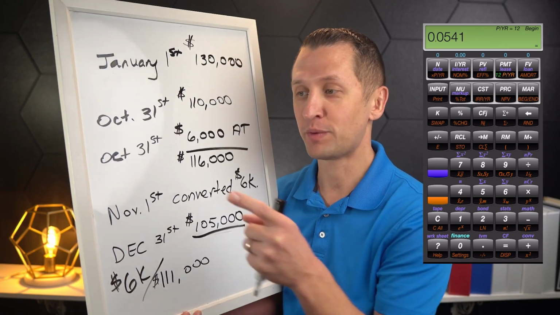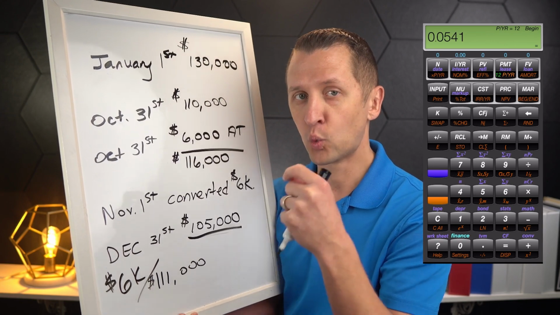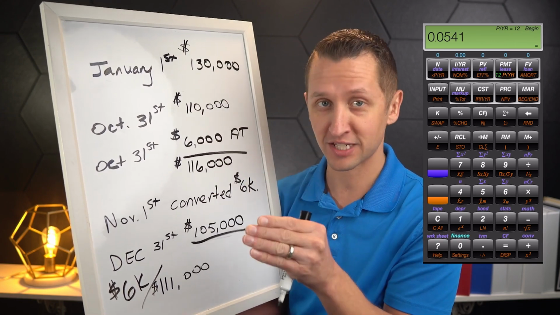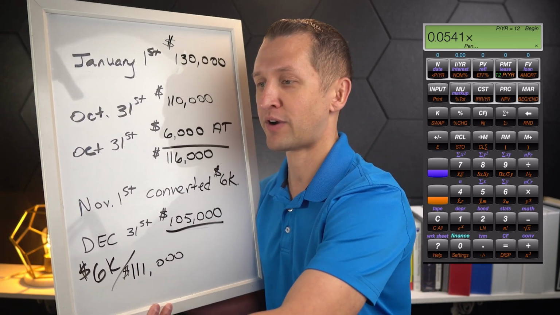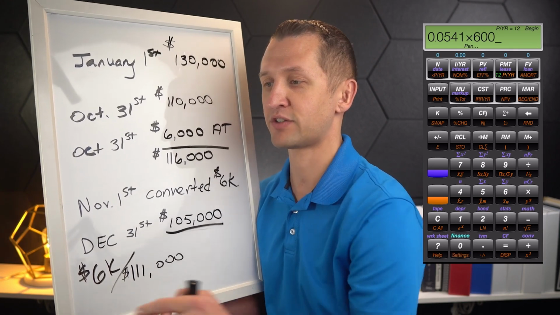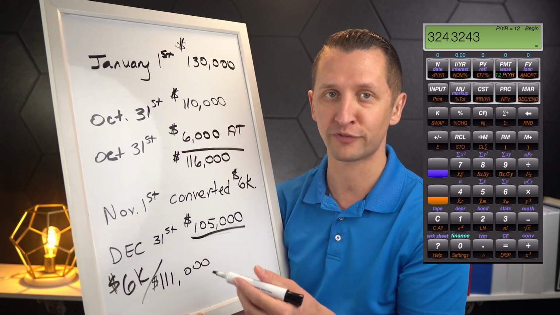So 6,000 divided by 111,000 is going to be 5.41%. We multiply that amount by our $6,000 to figure out which part of the $6,000 that was converted was taxable versus not taxable. So if we multiply 5.41% by $6,000, that's going to give us $324.32. We round that out to $324.